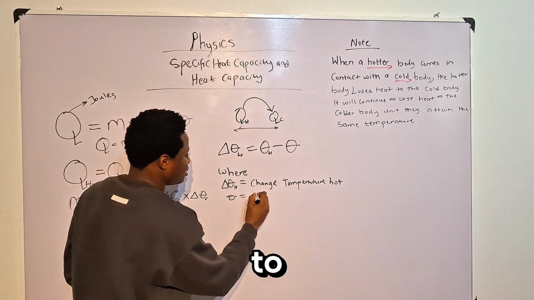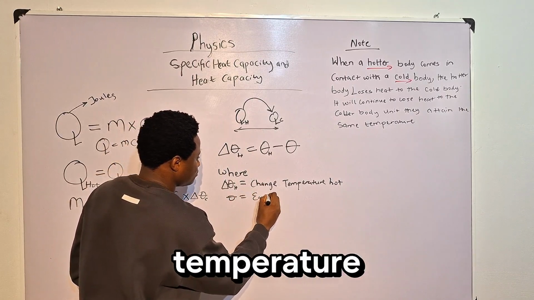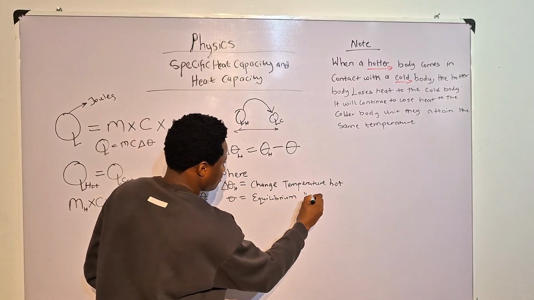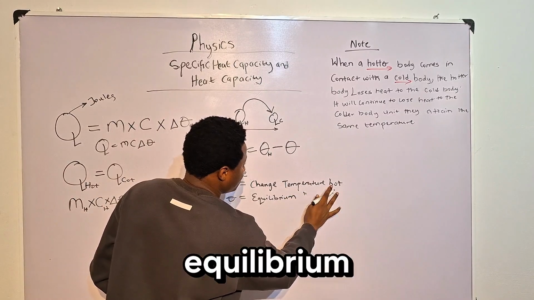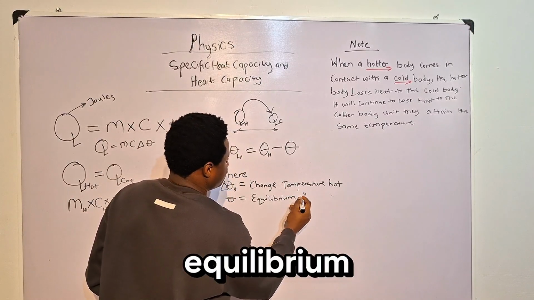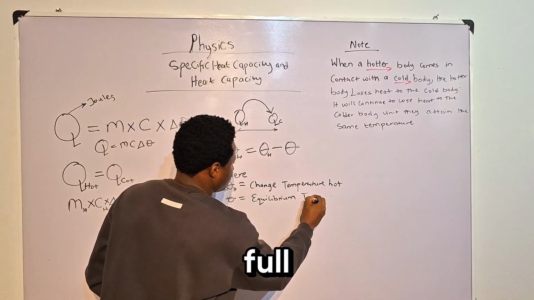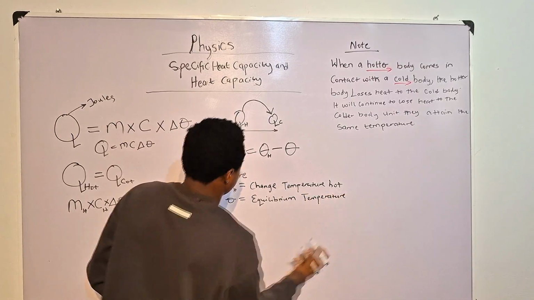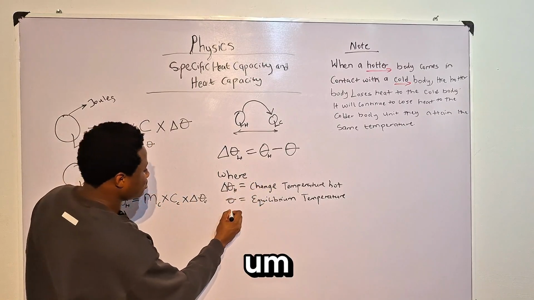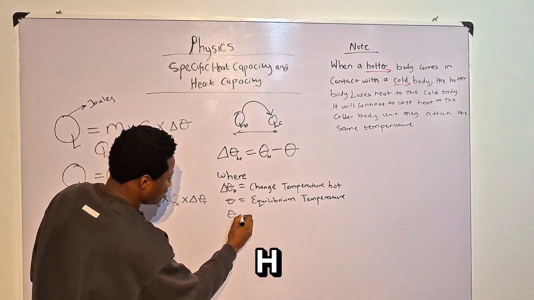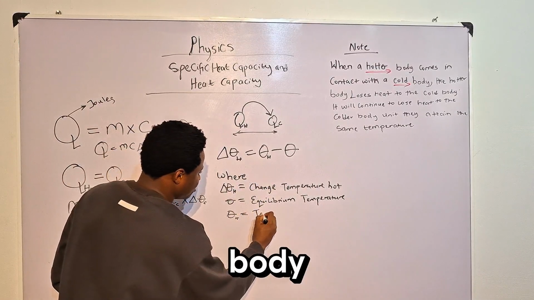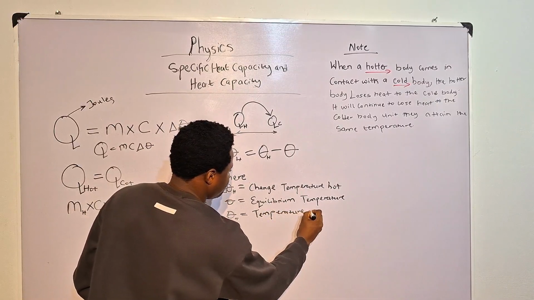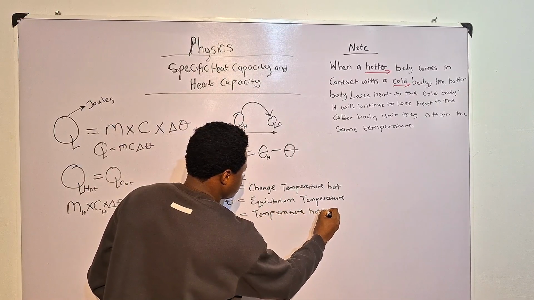Theta is equal to the equilibrium temperature. Let me just write it here. And theta H is the temperature of the hotter body.